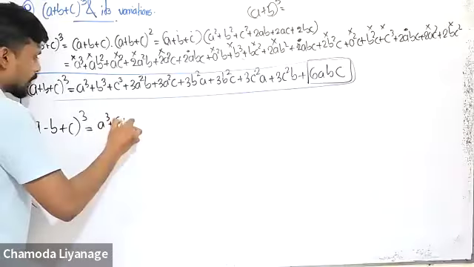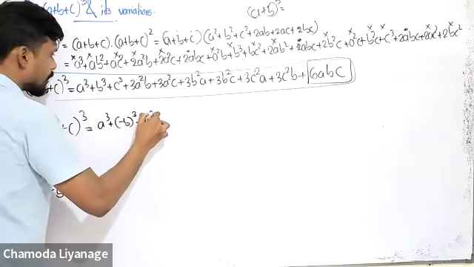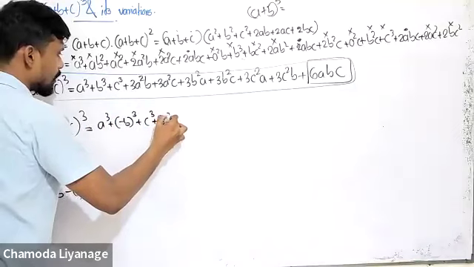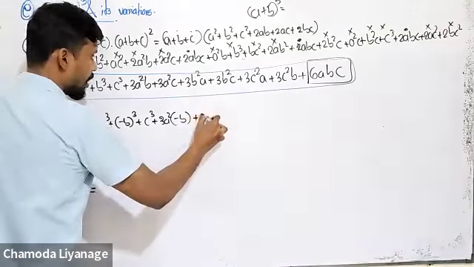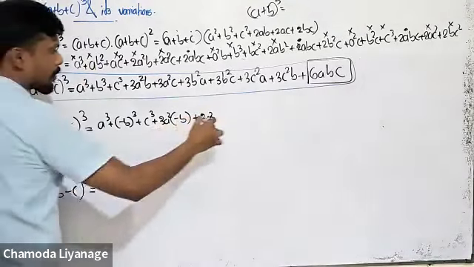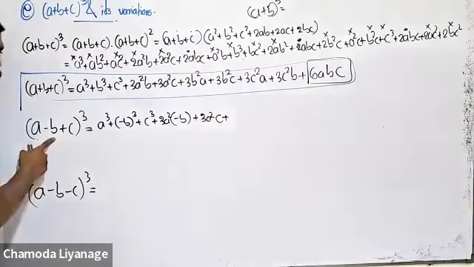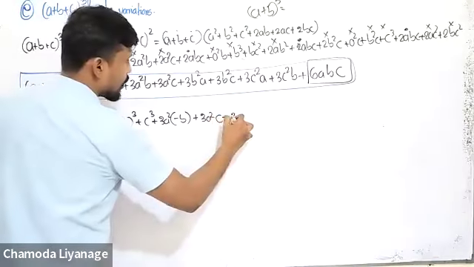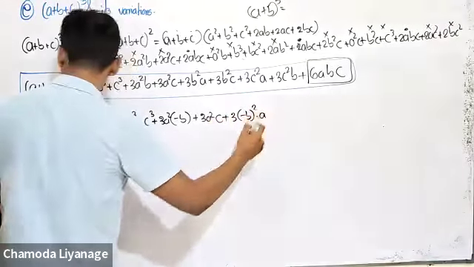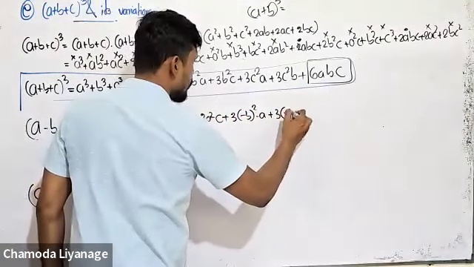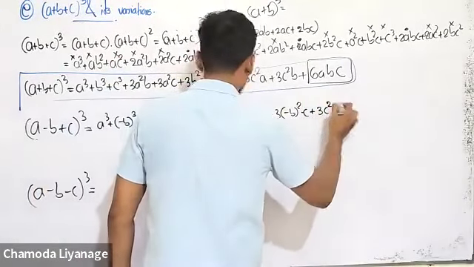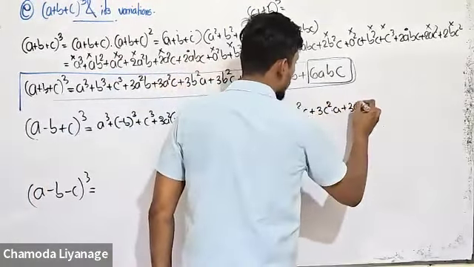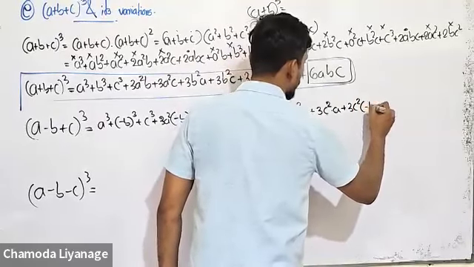a cube plus minus b cube plus c cube plus 3a squared into, apply the pattern, a squared into minus b and a squared into c, right? After that, come to minus b: 3 times minus b squared into a, 3 times minus b squared into c, plus 3 times c squared into a, plus 3 times c squared into minus b.